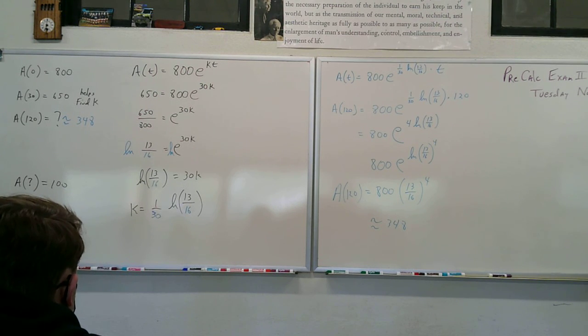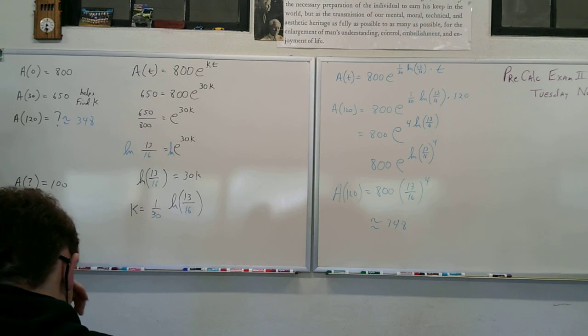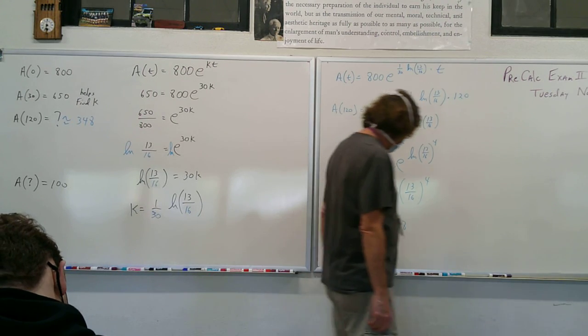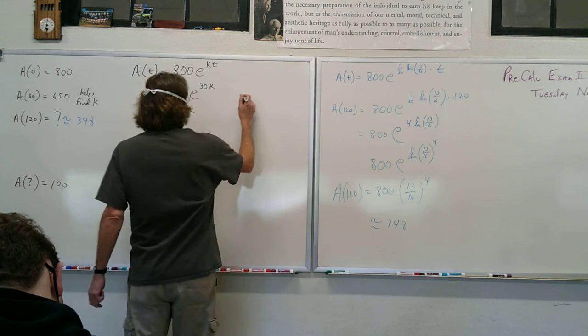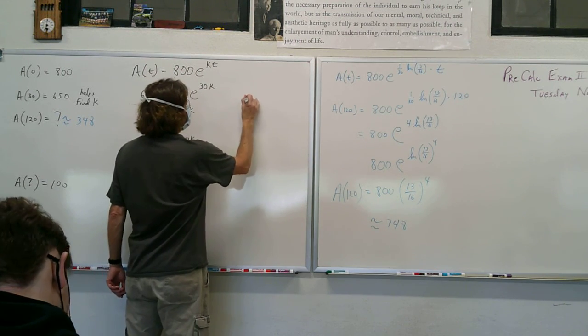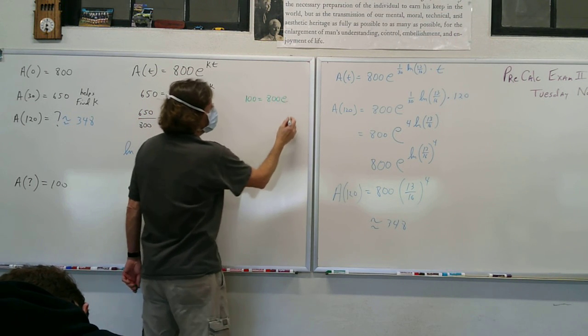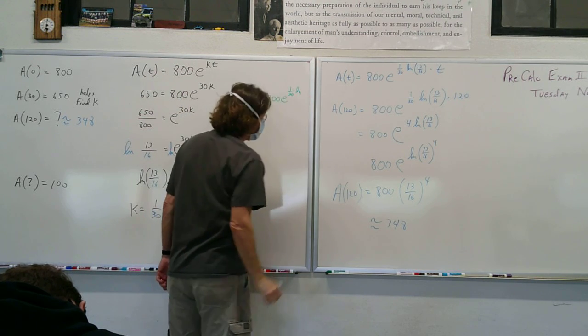All right. See what you can do about the one where I want to know how long it takes to get to 100. This is usually the harder one. How long does it take to get to 100? Put it right here: 100 equals 800 e to the 1/30th natural log.